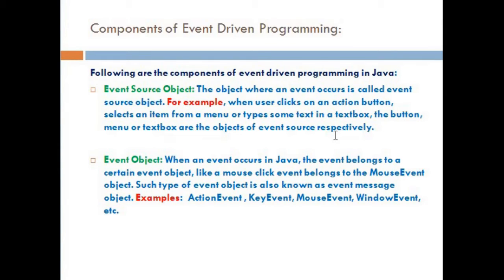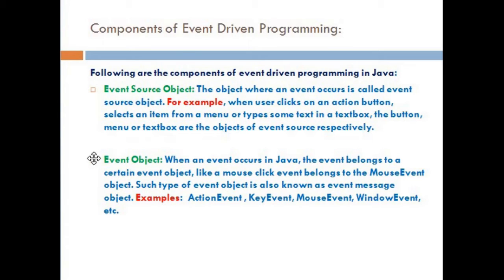So in order for an event to occur, there has to be an event source. Examples of such event sources are the action button, the menu, the text box, and there are more event sources as well. Some of them are checkboxes, radio buttons, password fields, and so on. So that's all about the concept of event source.